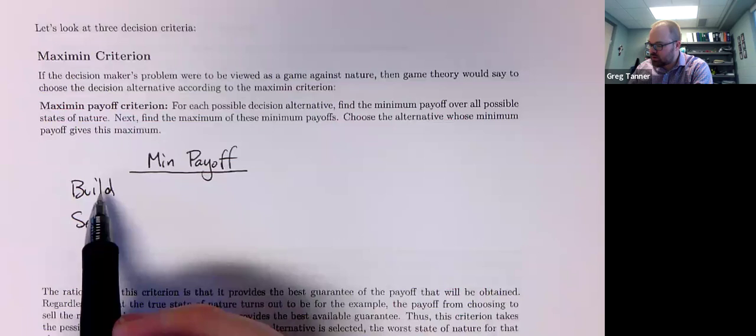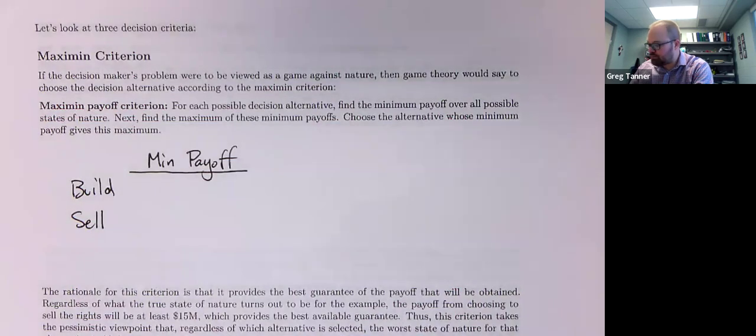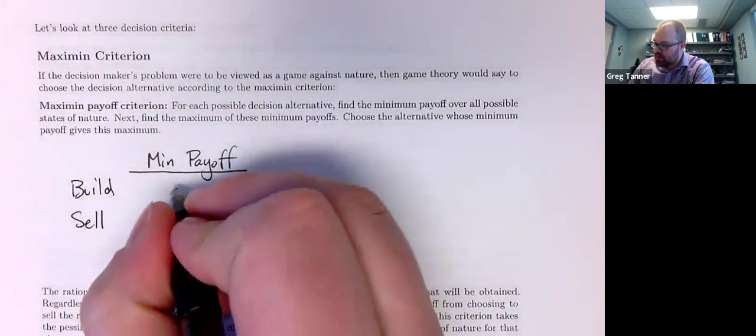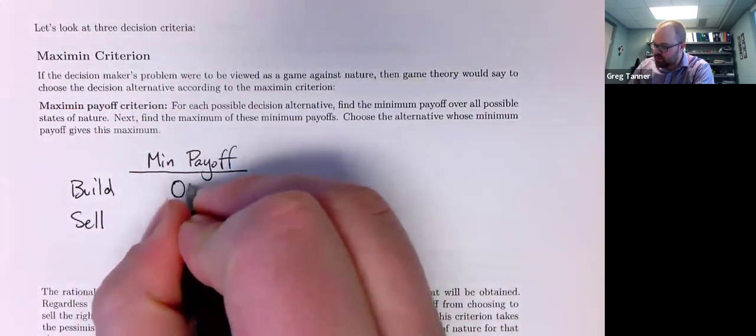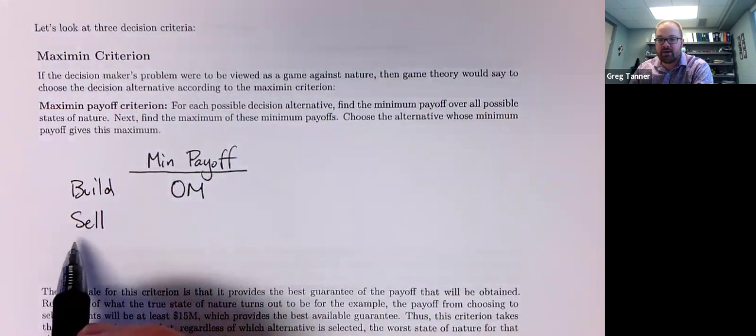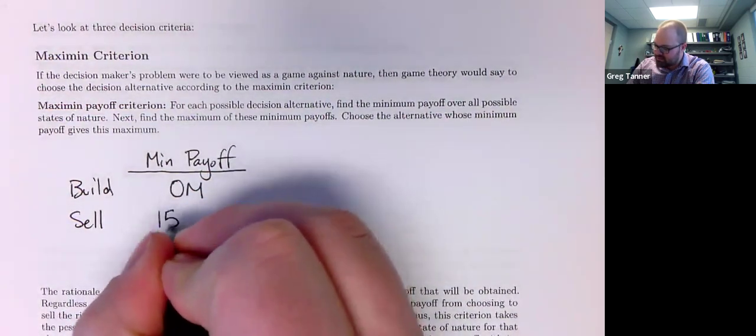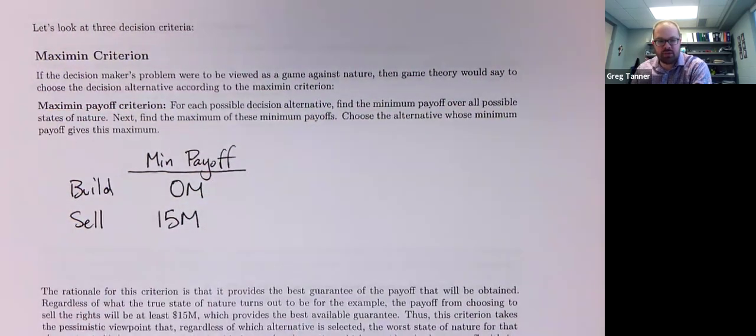If we choose build, the payoffs are either 0 or 54 million. The minimum of those two is 0 million. And if we sell, the 2 payoffs are 15 million and 15 million. The minimum of 2 identical numbers is just the 15 million. So for each alternative, we find the minimum payoff, really the minimum of that row of the payoff matrix.